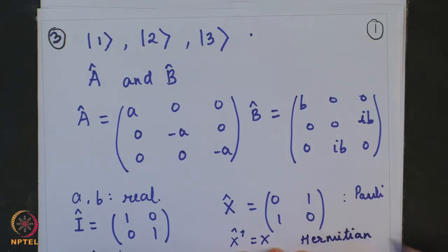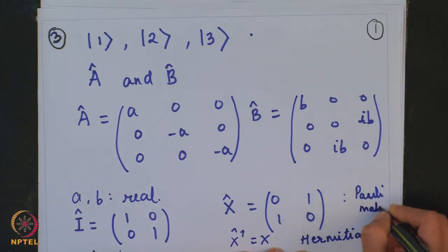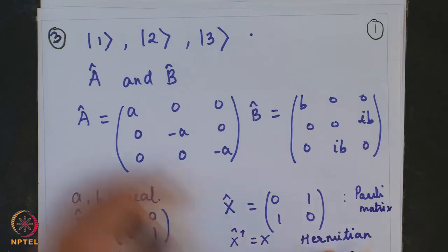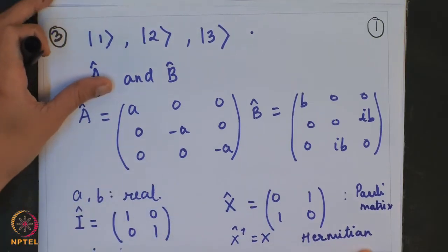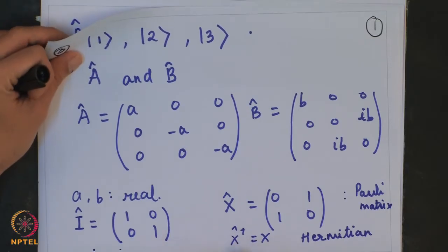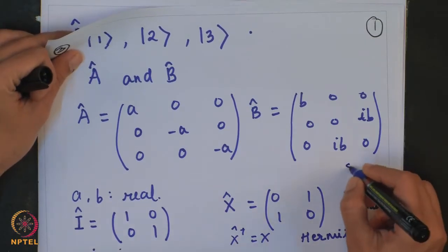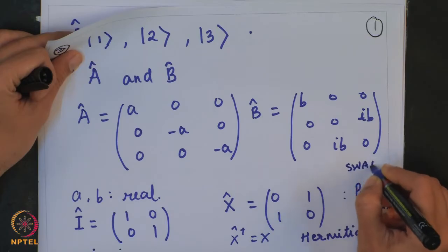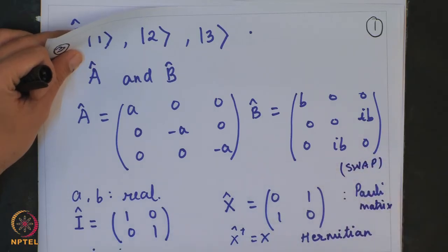The eigenvalues of this Hermitian operator, a Pauli matrix, will be real, and this operator is also called the swap operator. The eigenvalues of this operator are simply 1 and minus 1.